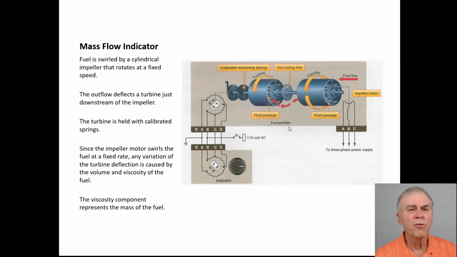Since the impeller motor swirls the fuel at a fixed rate, any variations of the turbine's deflection is caused by the volume and viscosity of the fuel. The viscosity component represents the mass of the fuel.